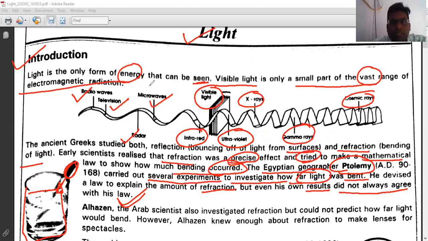Light is a form of energy and a small part of electromagnetic radiation, and write the examples of electromagnetic radiation: radio waves, television waves, microwaves, radar waves, infrared, ultraviolet, X-ray, gamma ray, cosmic ray. These are all electromagnetic radiation waves.